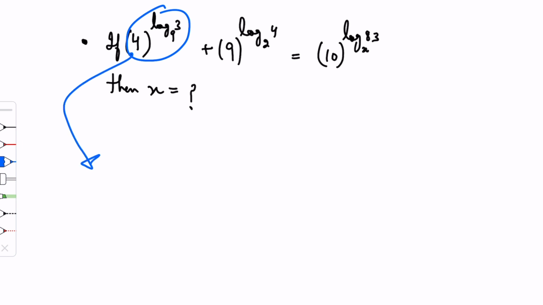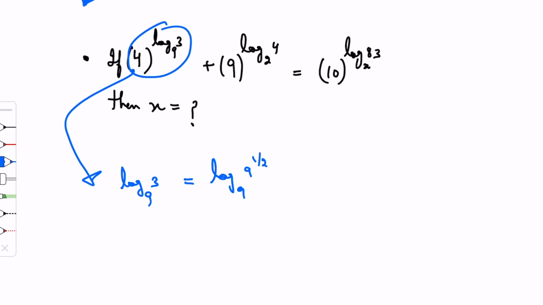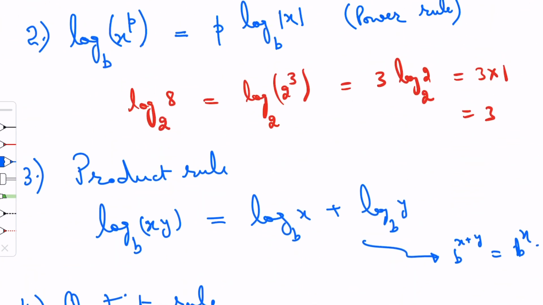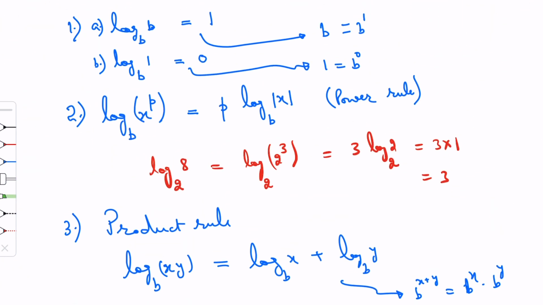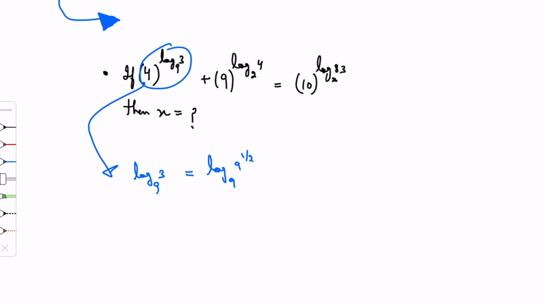First, let's work out what this is. So before that, what is log 3 base 9? Let's figure this out. So we understand 3 I can write as 9 to the power of square root, that is 9 to the half. And then we have the power rule, which says that this p can be brought out. So that I can do here, which means this half comes out.